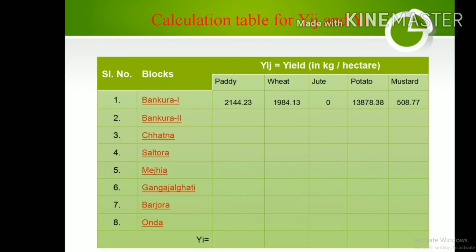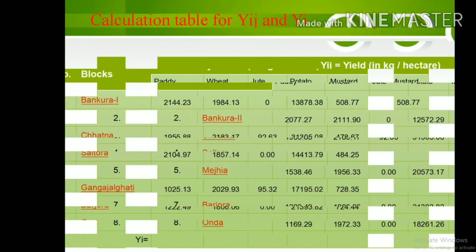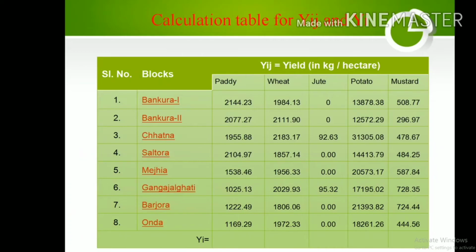In this way you have to calculate the Yij for all the blocks. See, the Yij for all the crops for all the blocks is already calculated here. Now how can we find out the value of Yi? That is very simple.